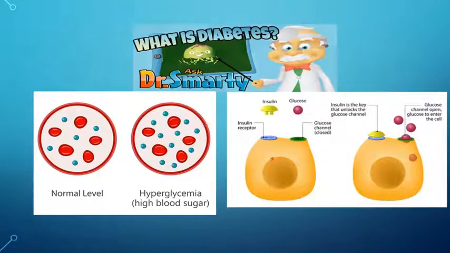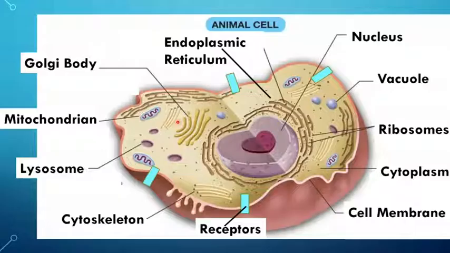The glucose is not able to find its way into cells. There could be a few things wrong that make a diabetic. But think about that.